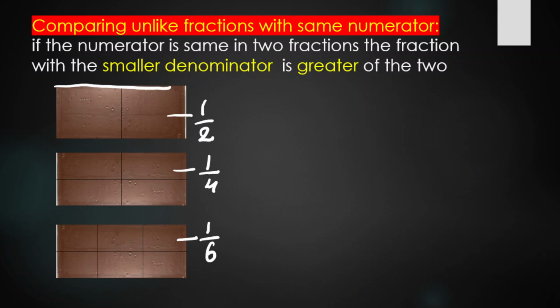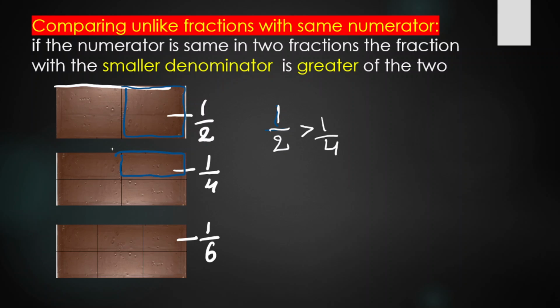And let's compare the portion corresponding to 1 by 2 fraction. The portion corresponding to this 1 by 2 fraction is greater than the portion corresponding to 1 by 4 fraction. And from this we can say that this 1 by 2 is greater than 1 by 4.